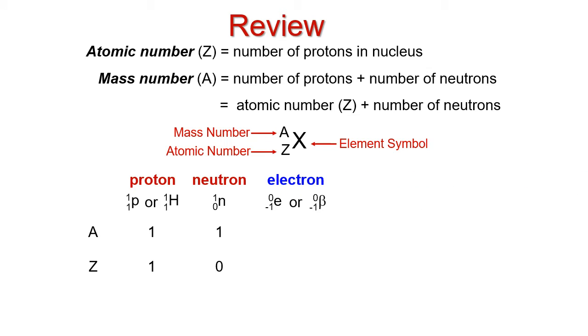For electrons, we would say that the number of protons is -1. It's a little bit artificial. It will be the charge of the nucleus. And of course, mass number is 0.